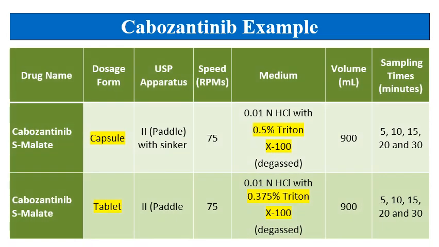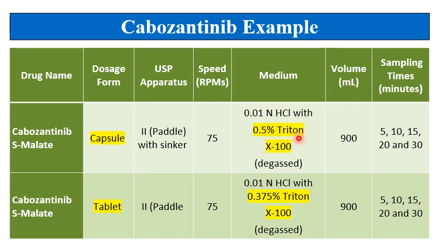Then another example is cabozantinib capsules and tablets. Cabozantinib is an anti-cancer molecule and it is available in capsule formulation and in tablet formulation. So here you can see with sinker, because of capsule formulation, the speed is 75 rpm, here also 75 rpm, the medium is 0.01 normal HCl, here also the media is the same, but you can check the difference in surfactant level.